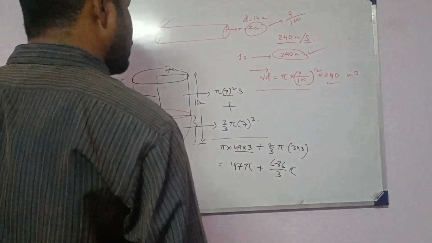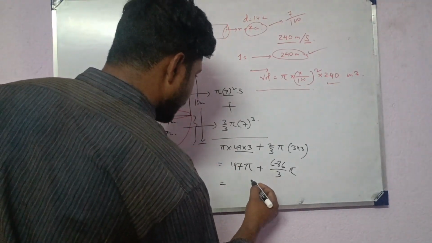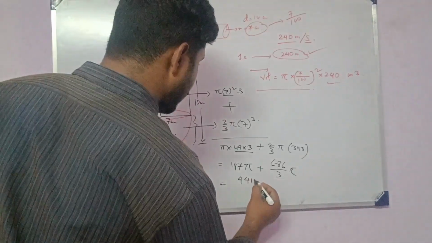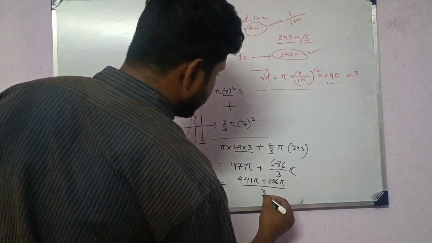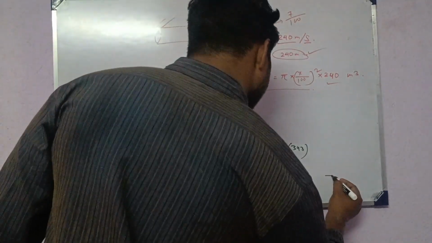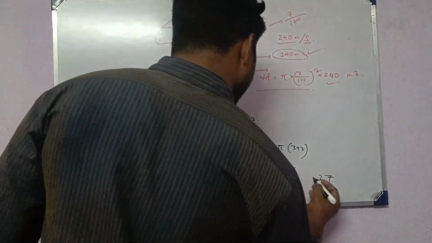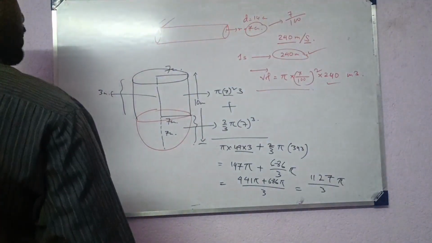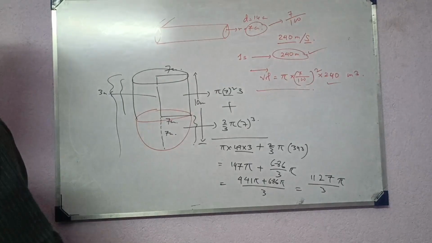So 147 pi plus 686 pi, adding: 7 3s are 21, carry 2, 4 3s are 12, 13, 14, 441 pi, plus 686 pi by 3. So 1 and 6 is 7, 4 and 8 is 12, 7 and 4 is 11. 1127 pi by 3. This is the volume of that vessel.